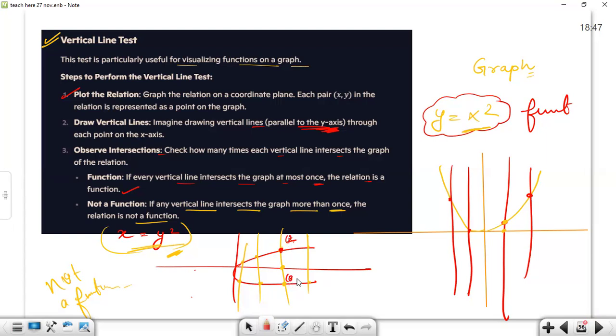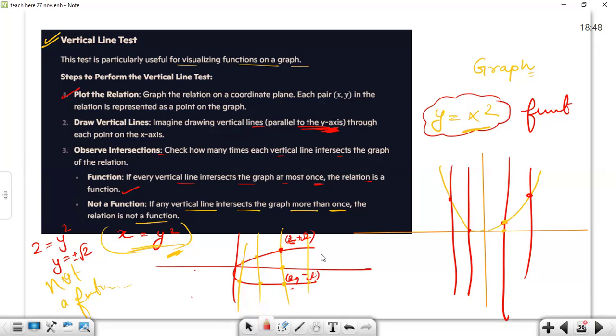For x being 2, y square is 2, so y is equals to plus minus square root 2. So this is plus root 2 and this is minus root 2. There are two intersections. For a single value of x, there are two outputs. For a single input, there are two outputs. That's why this relation is not a function.